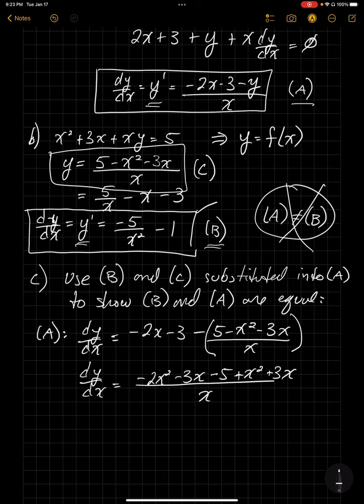So you can see right away that minus 3x and plus 3x cancels. And then we have negative 2x squared plus x, so that leaves us with negative x squared. And so dy by dx becomes negative x squared minus 5 all over x.